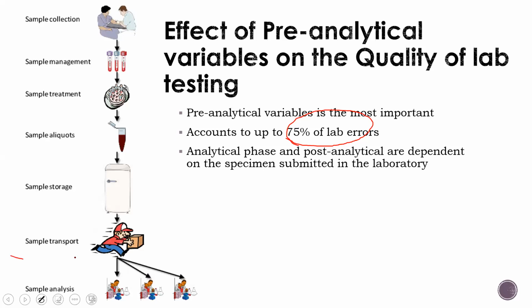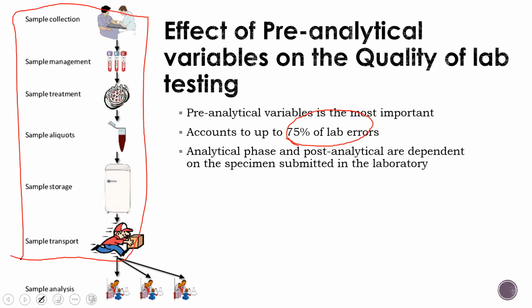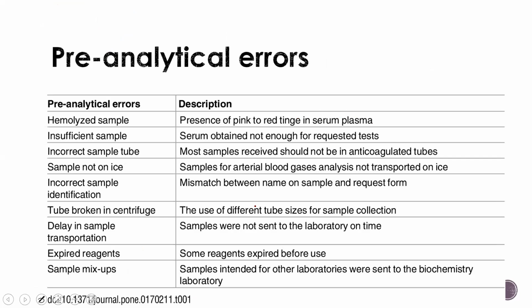So, if you could just imagine, itong buong steps na to is accounted to the pre-analytic variables and 75% ng variables ay manggagaling dito. So, what are the errors na pwede nating makita? Actually, I believe alam nyo na to, na-review nyo na to sa phases in laboratory testing. So, here are some examples.